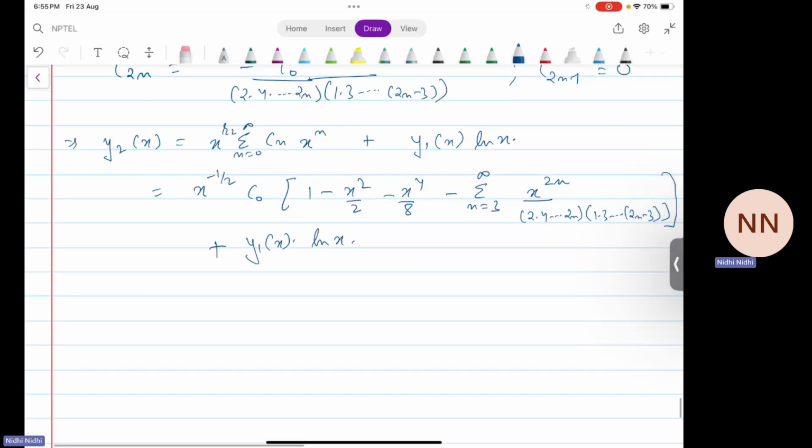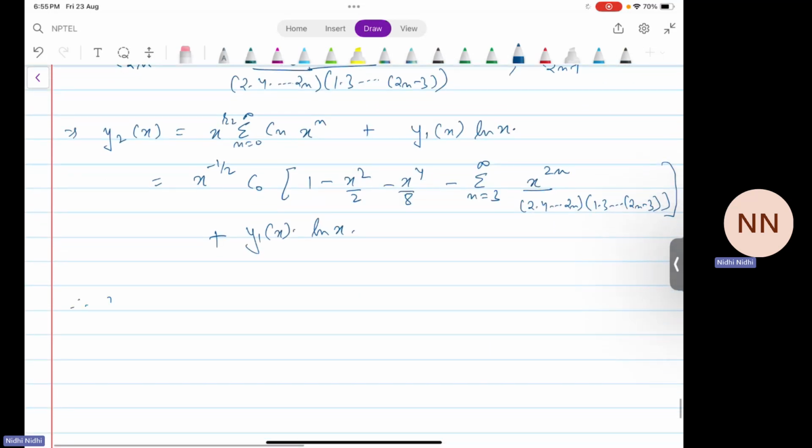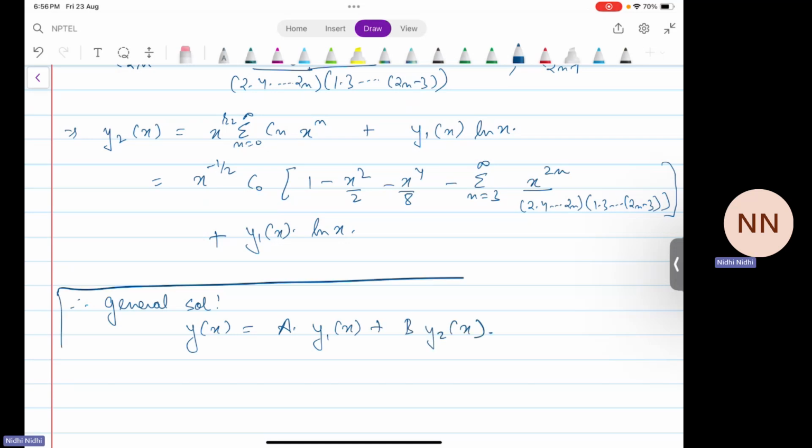And our general solution would be given by y is equal to a times y1x plus b times y2x. I hope all the steps were clear enough.